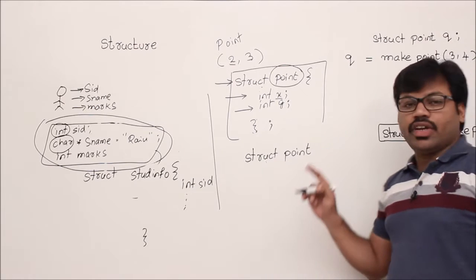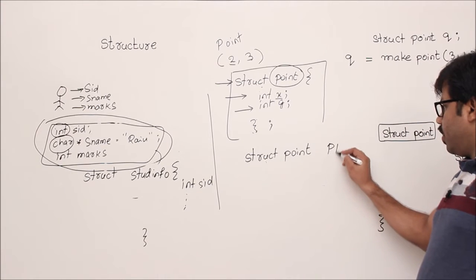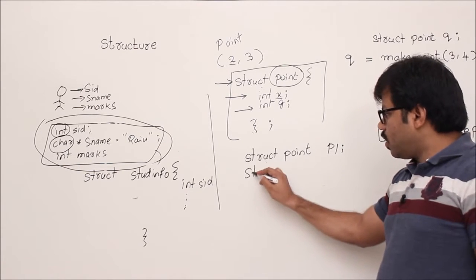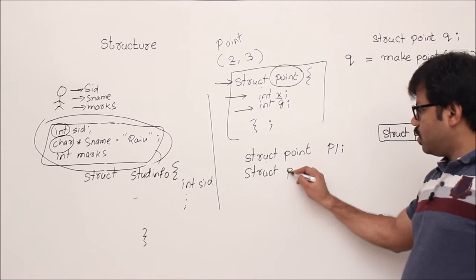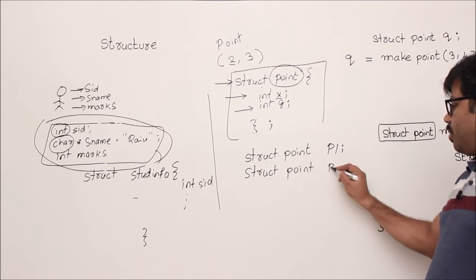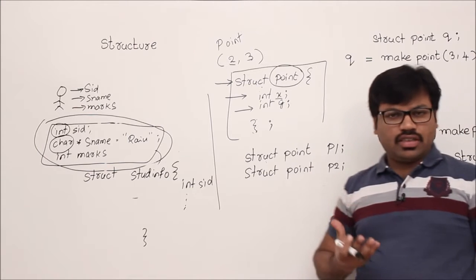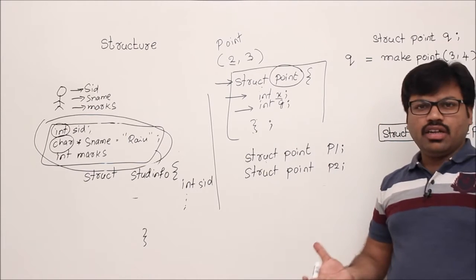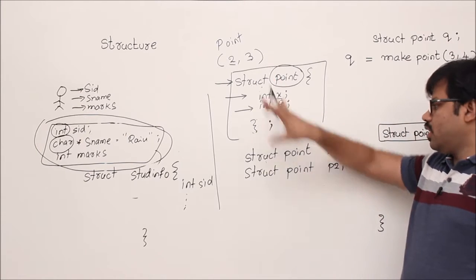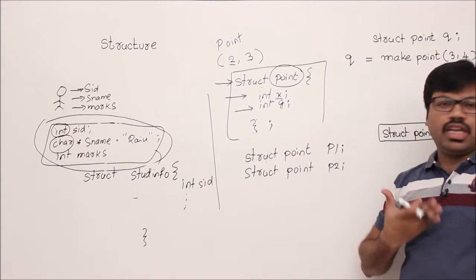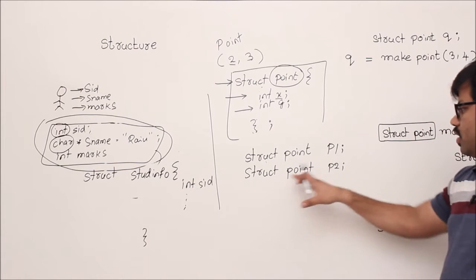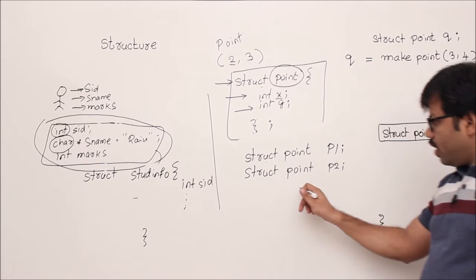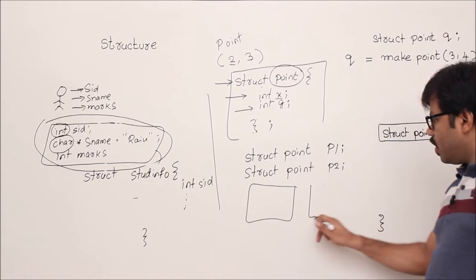In the next line also we can write struct point p1, struct point p2. We don't know when we will require this kind of data type, so whenever you want this kind of object, simply say struct point p1 wherever you want, followed by struct point p2. If you do, then you get two boxes.